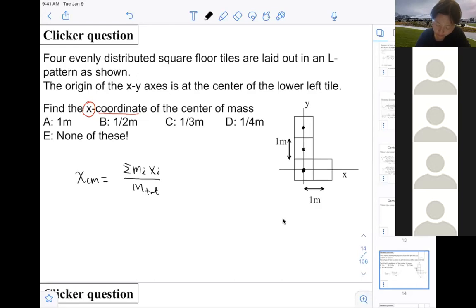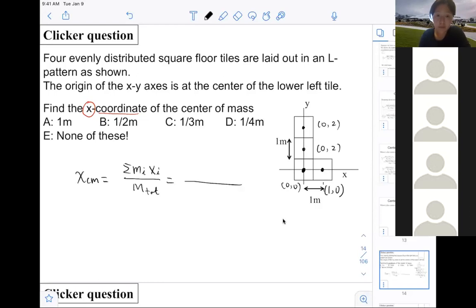Based on the diagram, there's 1 meter between the centers of mass of the bottom ones, right? So the x1 would have a center of mass of 1 meter. (1,0) overall would be the center of mass.